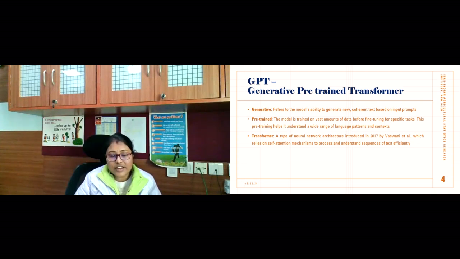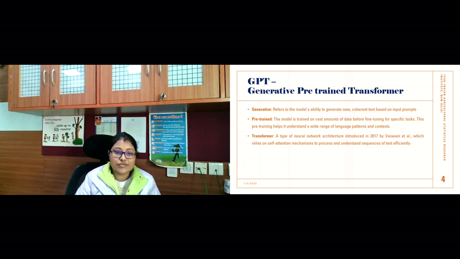So it is already trained, but the scope of fine tuning still remains, so that we can extend the capacity of a model to do more tasks. And these tasks include machine translation, text generation, question answering, text summarization, speech recognition, all of it. Okay, so this is basically the meaning of a pre-trained large language model.